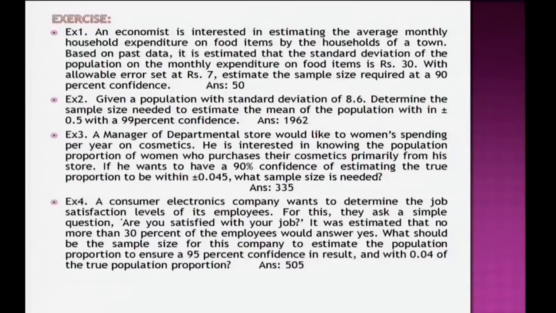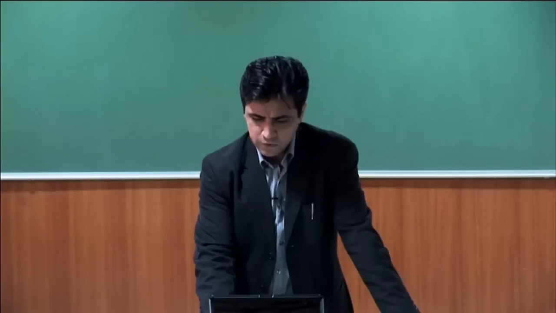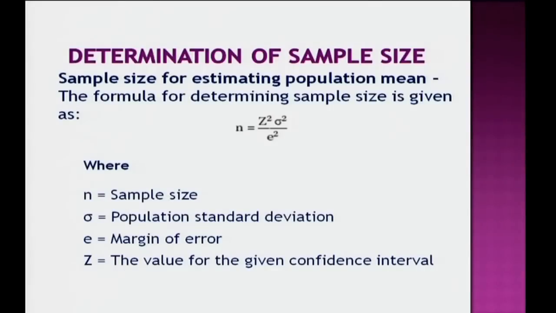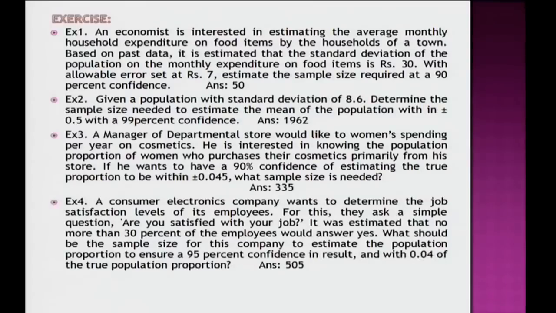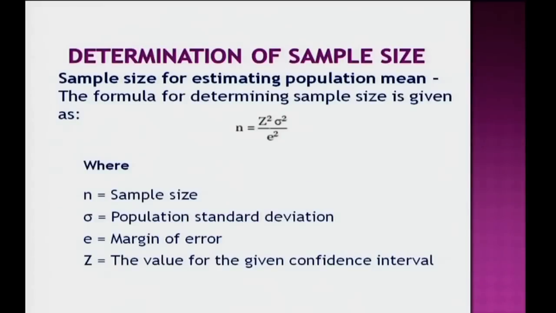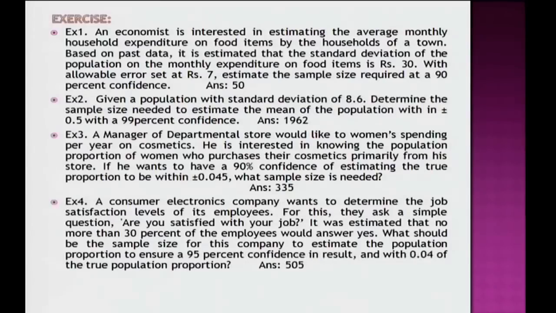So, in this formula, if you take z value as 1.645, sigma as 30 and allowable error as 7, then you can be sure under 90% confidence how much sample size you must pick. That sample size can be calculated, that would be 50.